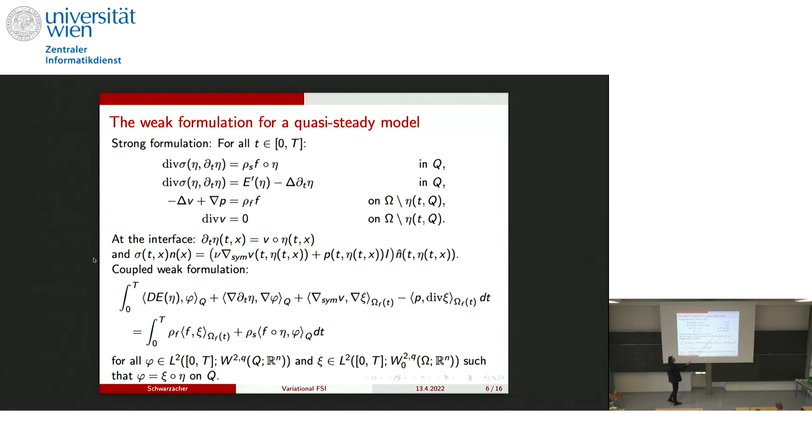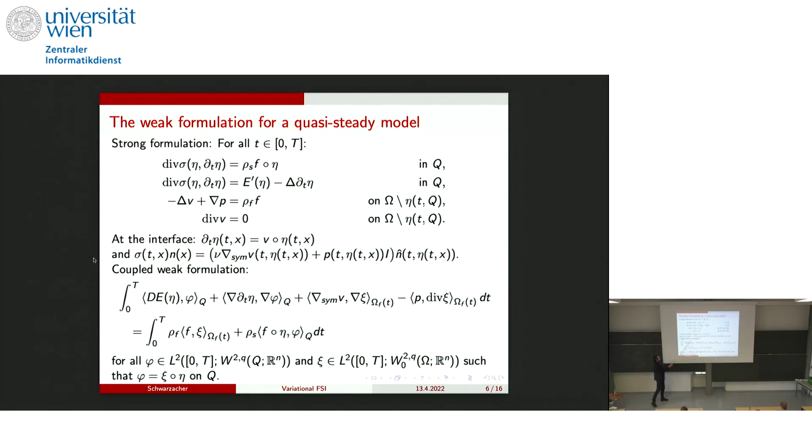But the domain always changes, so you always have to solve a different Stokes problem. It should be incompressible here still. And here you have some stress tensor which equals a given forcing. And the forcing we always consider in Eulerian coordinates, but you could also take Lagrangian coordinates if you want. So that's why we compose it here.